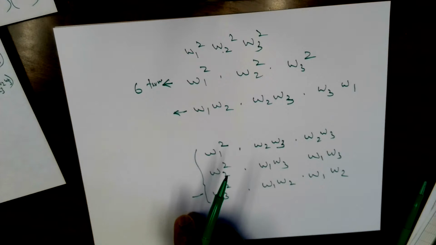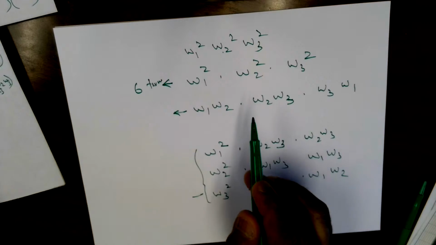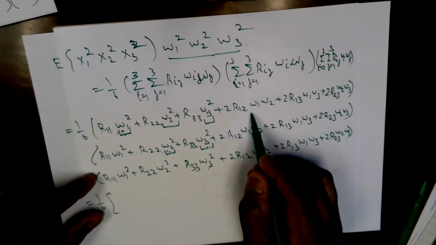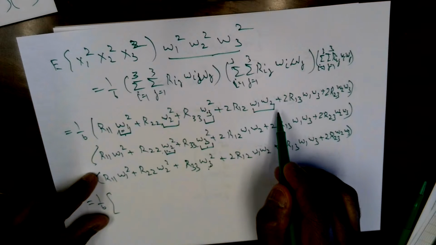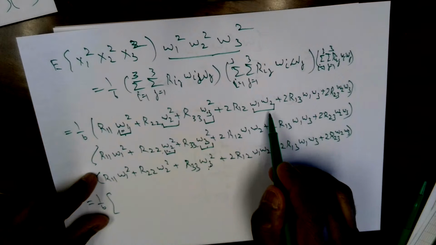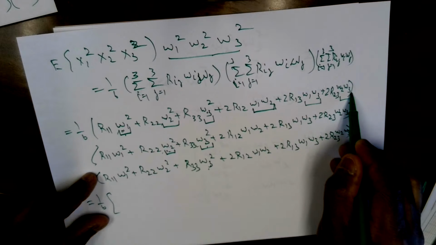So let's look at this one. So if you pick up omega 1, omega 2 here, first of all, you can either do on this, or you can start with this, or start with this.